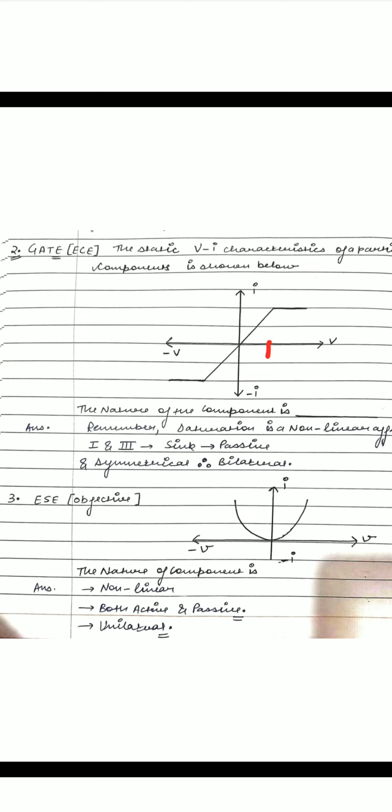For increase in voltage, current is increasing till this point only, but after further increase in voltage, at some point current saturates. Saturation is basically nothing but a non-linear behavior.